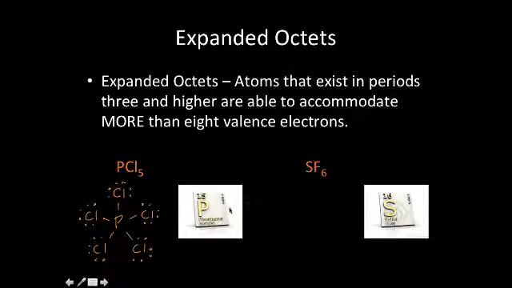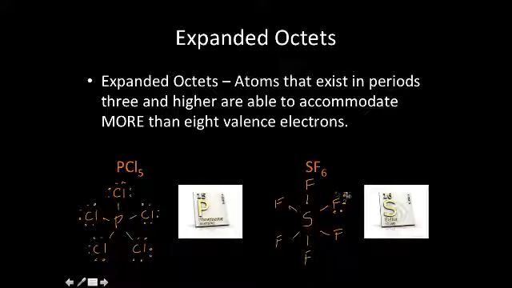And another example would be sulfur. Sulfur, again, exists farther down the periodic table. It's got some empty d orbitals that allow for more bonding. And so with something like sulfur hexafluoride, we would have sulfur, and around it we would have 6 fluorines bound. I think these are fun because they start getting a little crazy.